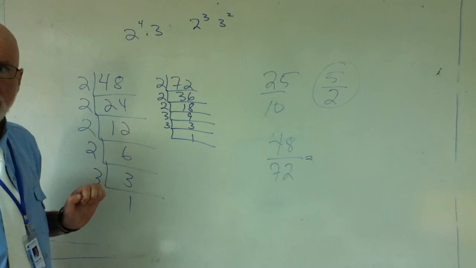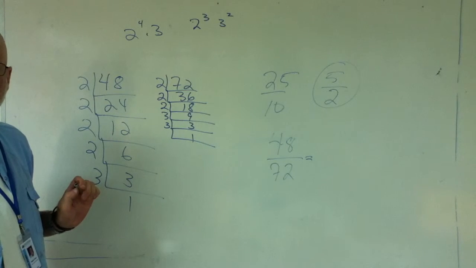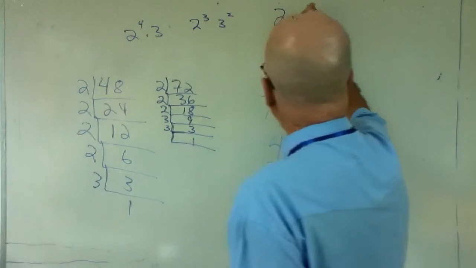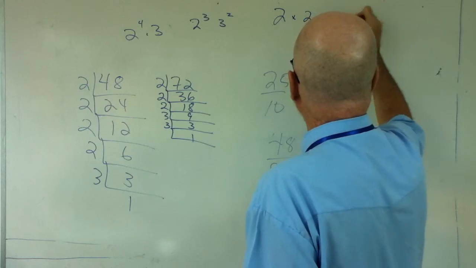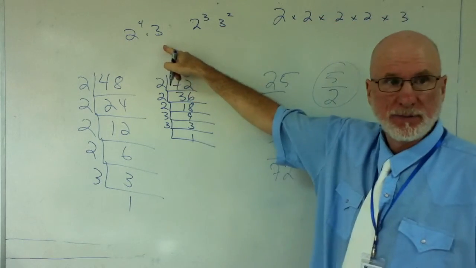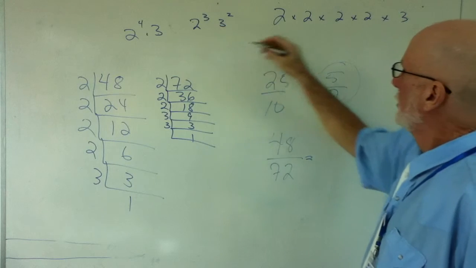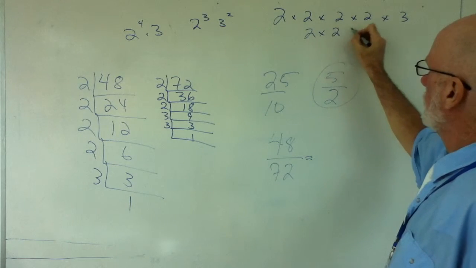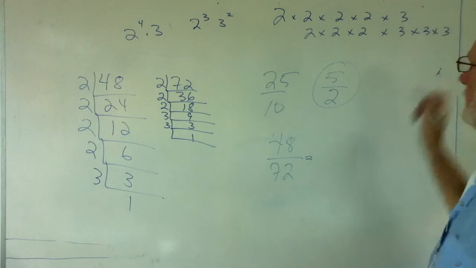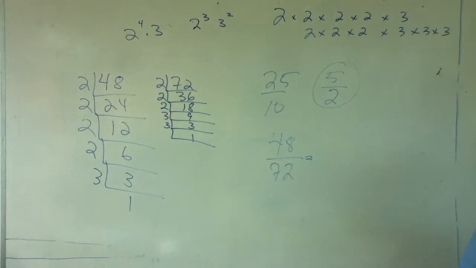Yes or no? Thank you, girls, for helping out. I appreciate that. So 2 times 2 times 2 times 2 times 3. Correct? And then 2 times 2 times 2 times 3 times 3. Yes.